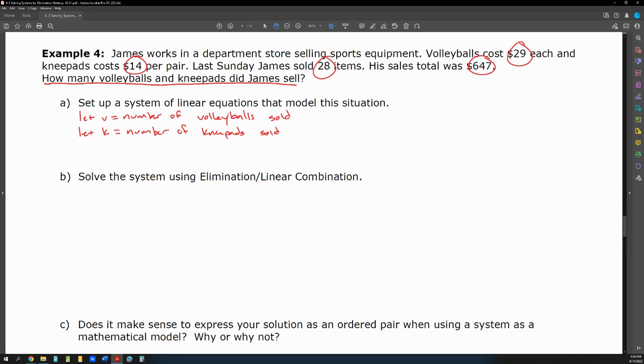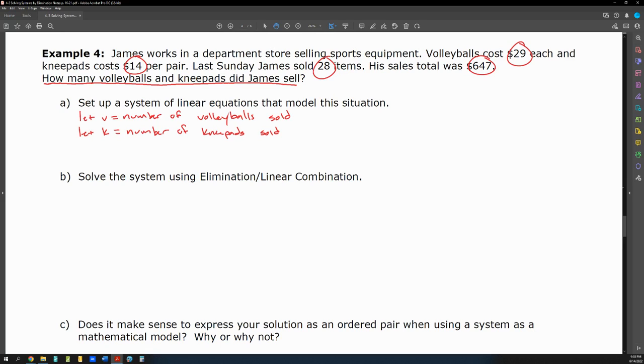And we always want to be specific. Don't just say let v be the volleyballs. That doesn't tell us much about the volleyballs. Are we saying the color of the volleyballs, the size of the volleyballs? We want to be specific. It's the number of volleyballs. So be as specific as you can when defining your variables.